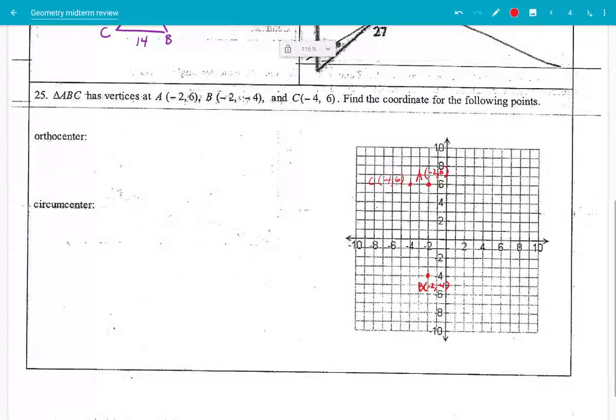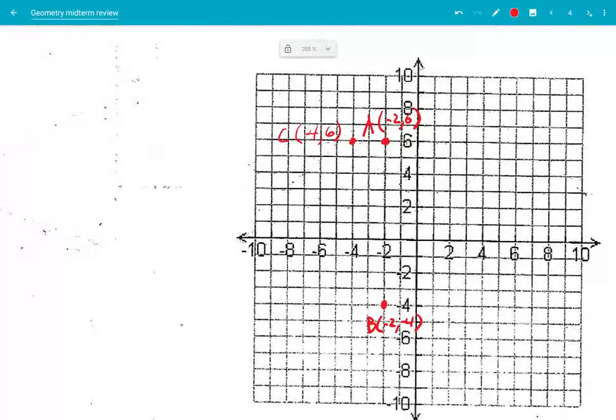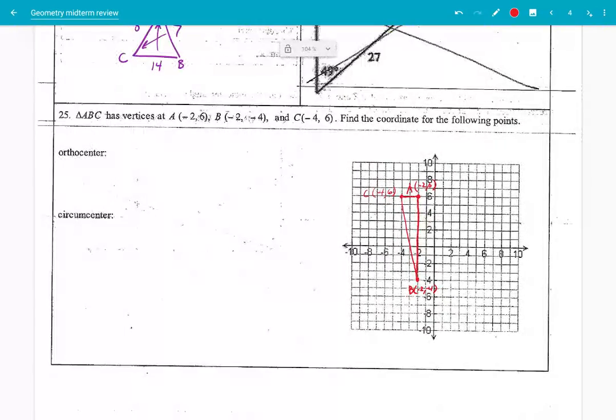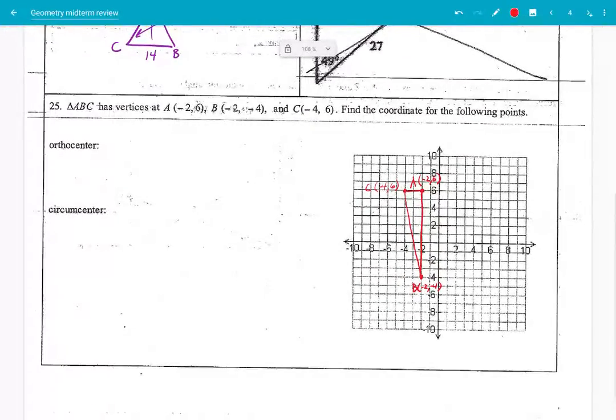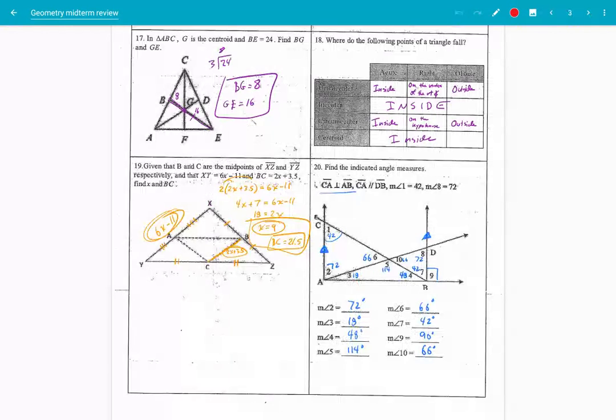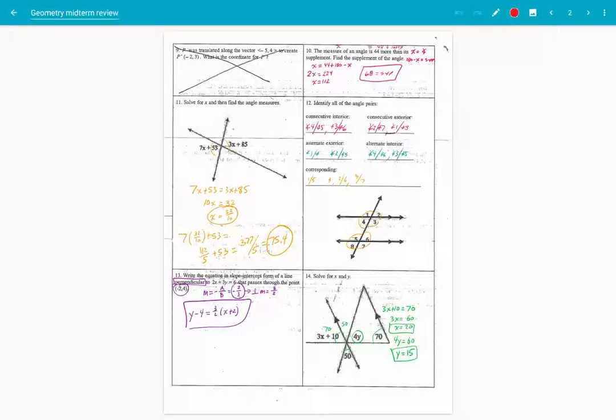Find the coordinates for the following points. Wow, this is horrible. Why make the triangle so small? All right, we want to find the coordinates for the orthocenter and the circumcenter. Well, let's see, the orthocenter comes from the.